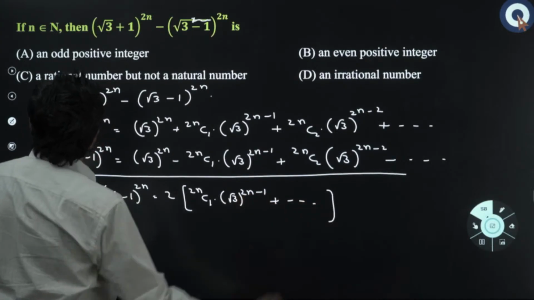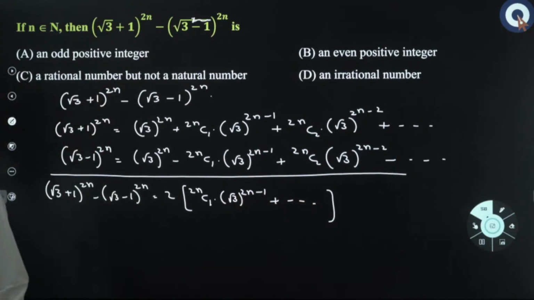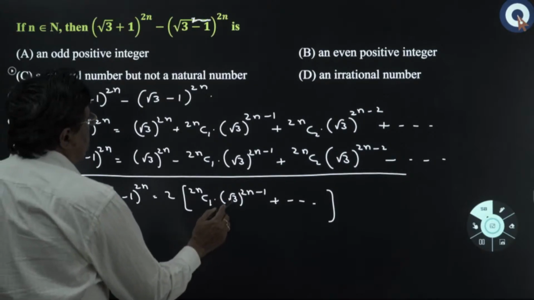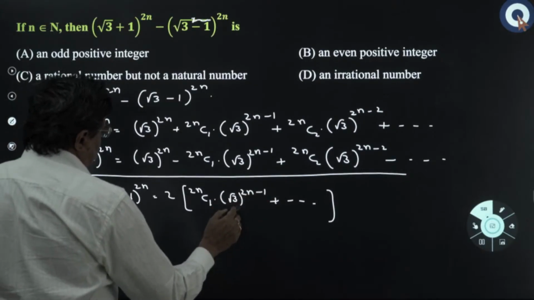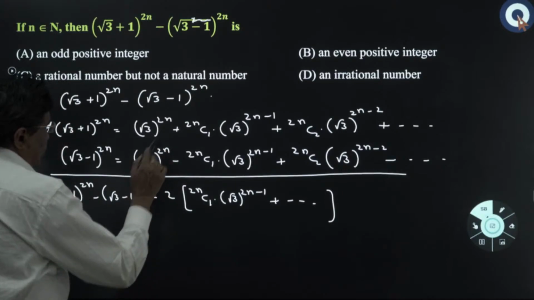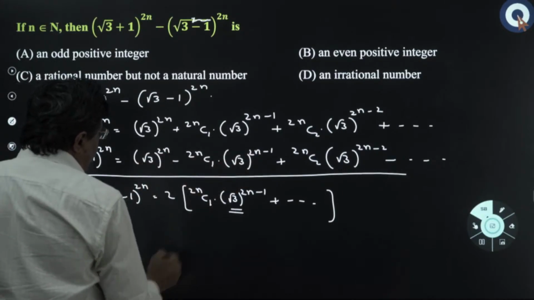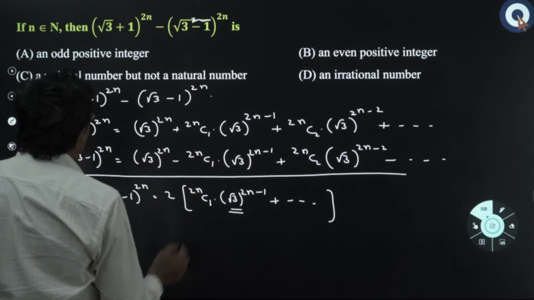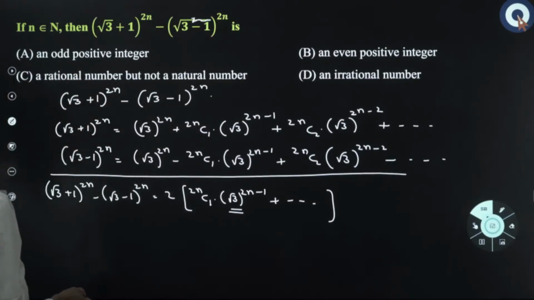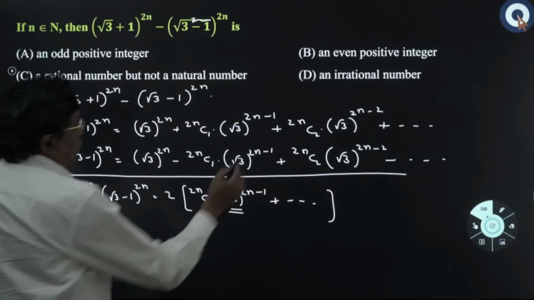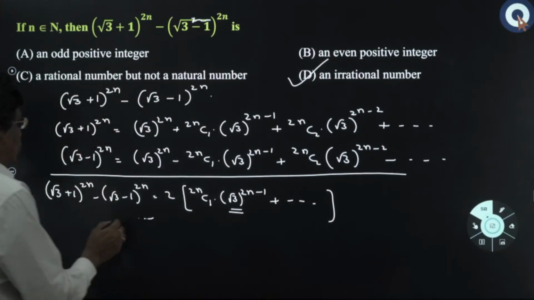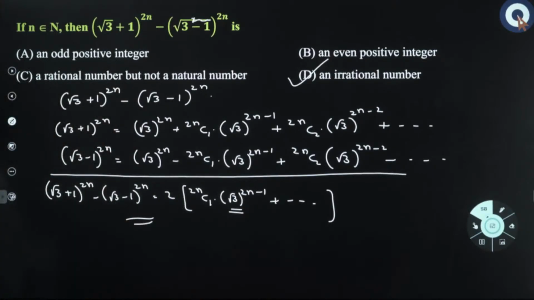So this is what you get, and therefore the even powers are getting cancelled, becoming an irrational number. So this is an irrational number. Next.